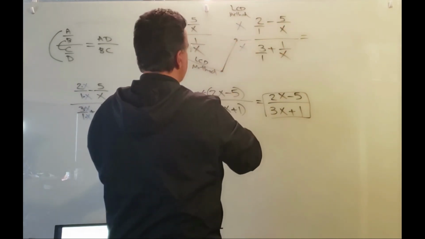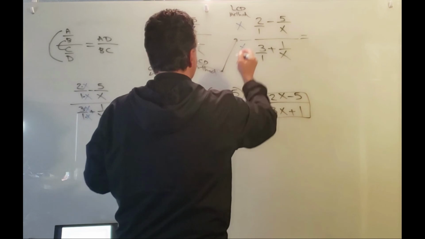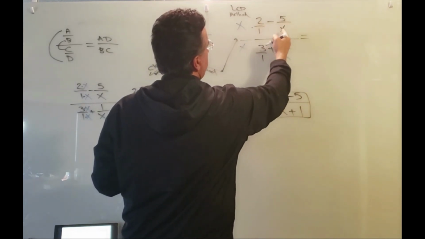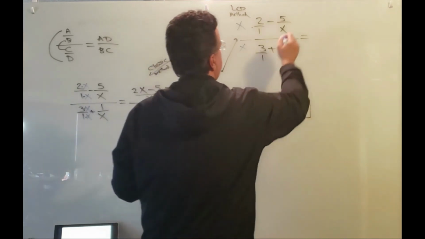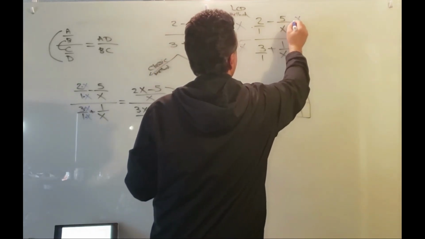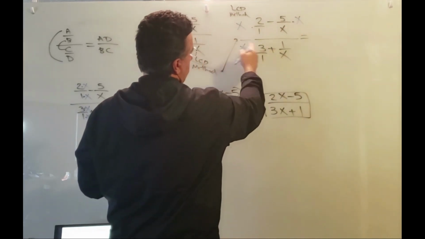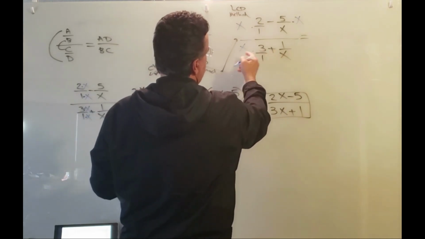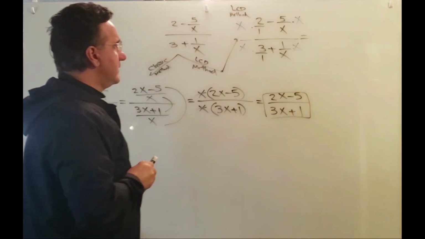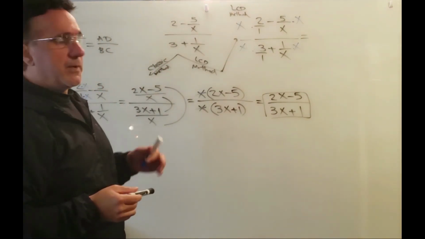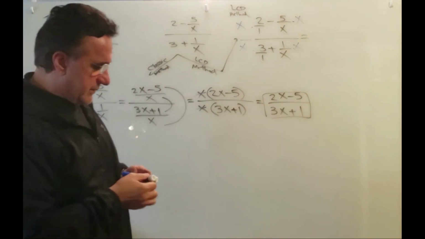So basically, I'm going to get x times 2 over 1 minus 5 over x times that x. So I'm just going to write that x over here. And the same here, we have to distribute. So it's going to be x times 3 over 1 and then x times 1 over x, right? So now we go through and we see if we can simplify those.